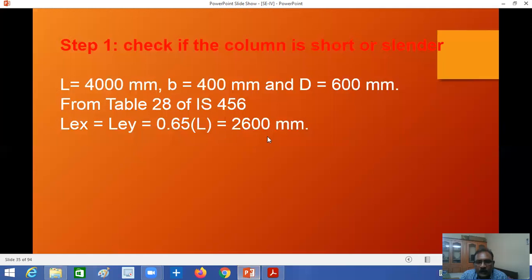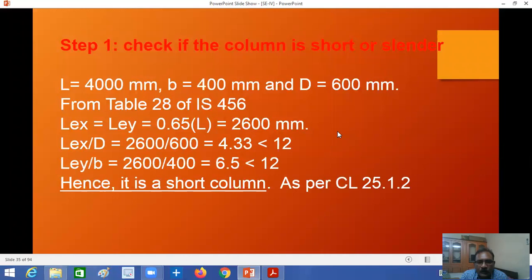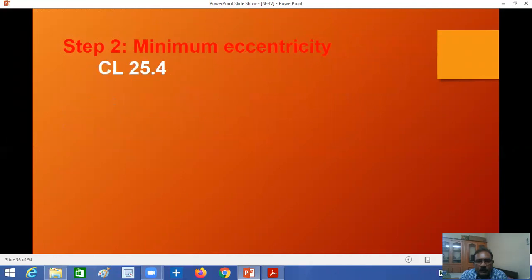How is it calculated here? 0.65 into L. Here L is given as 4000 mm, that is 4 meters.